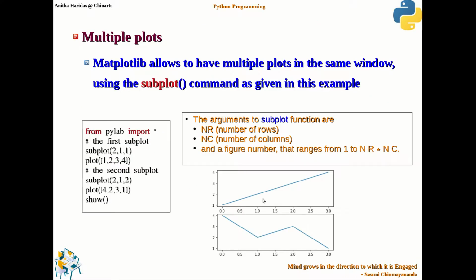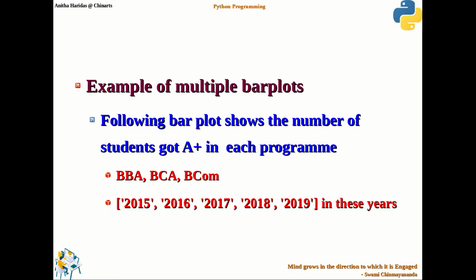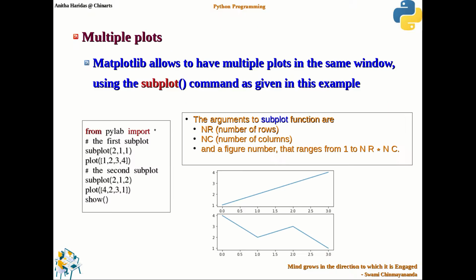Okay. Now what we are going to do, we are going to see how we can create multiple plots using the subplot command, right? We had already seen an example of multiple plots using the multiple bar plots, right? So this is just a revision of how the subplot command can be used for creating multiple plots.